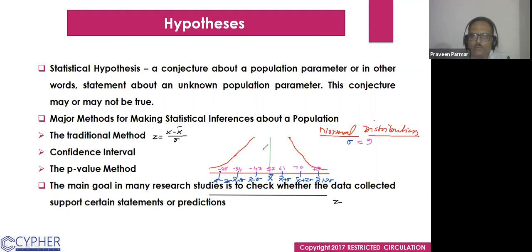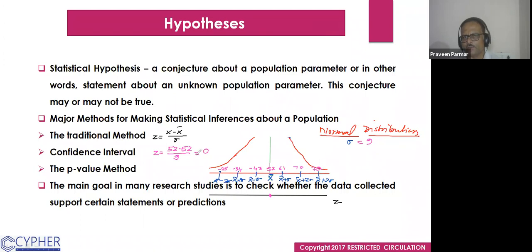So we want to convert this x scale into the z scale. I will write here x is 52, which is the mean, and the standard deviation is 9.